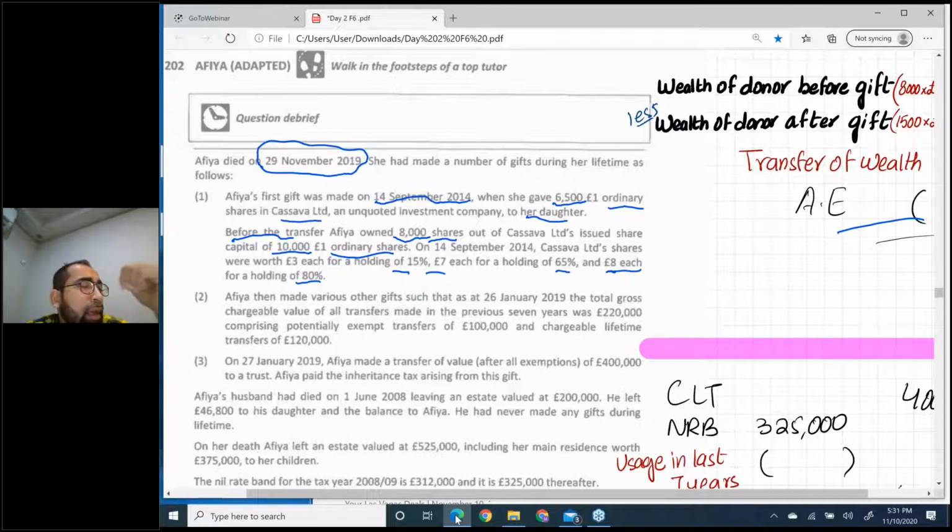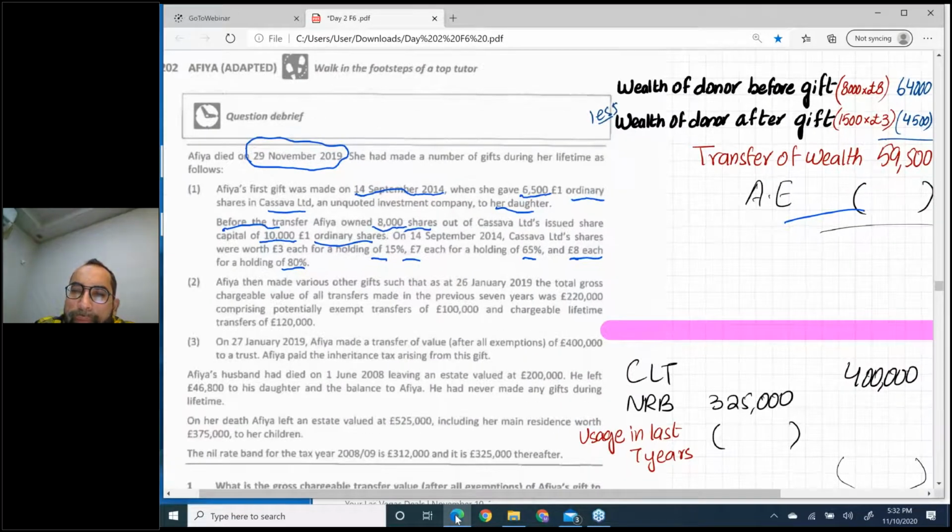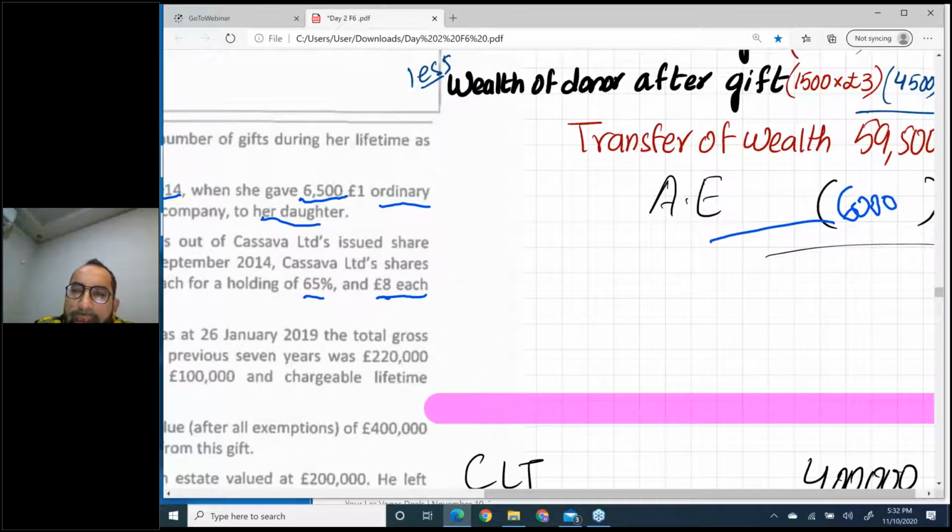Can you see any gifts in the last fiscal year? No. So that means last fiscal year's £3,000 annual exemption and this fiscal year's £3,000 annual exemption. 3 plus 3 is 6,000. So the annual exemption we are going to use is 6,000.